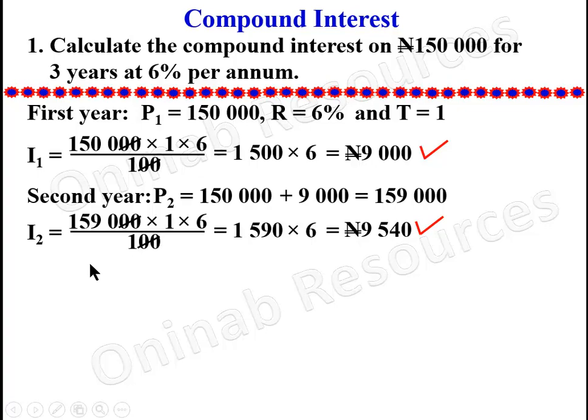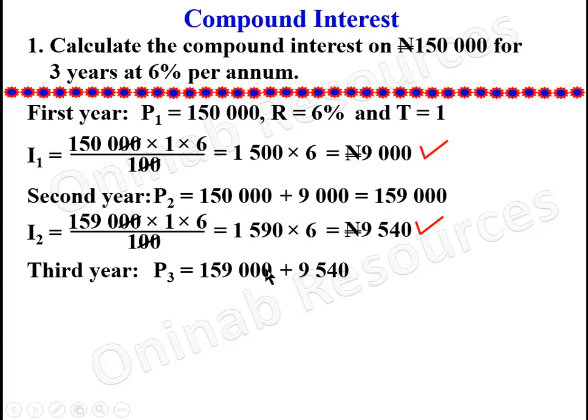So we go to the third year, since we are calculating it for 3 years. So the principal in the third year is 159,000 plus the interest in the second year. Here we have 159 plus 9.